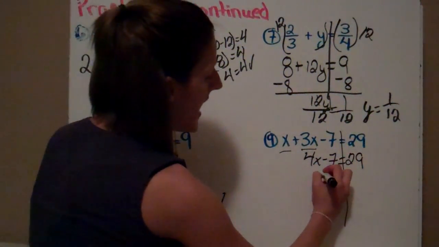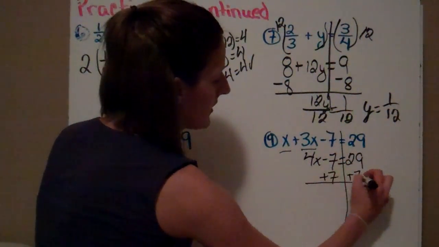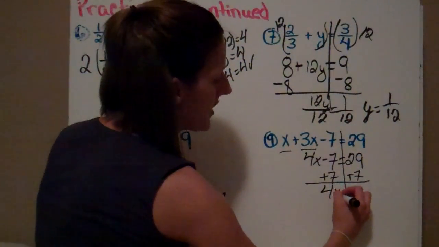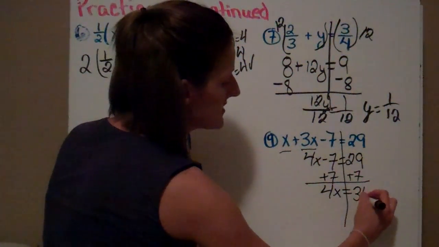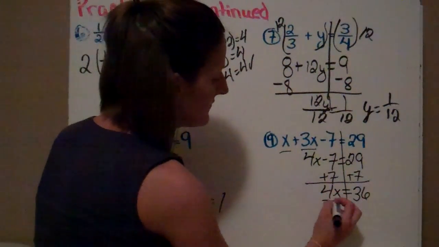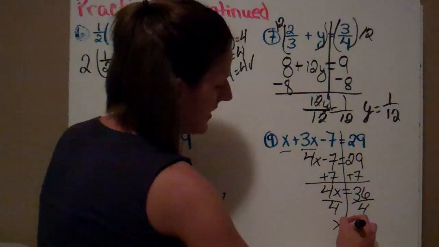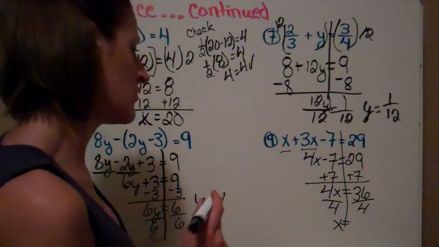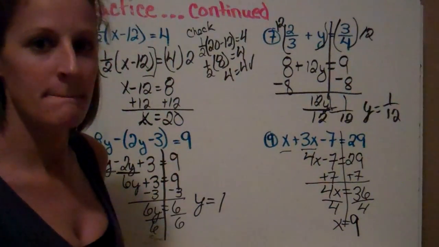Now we need to add 7 to both sides. So I'm left over here with 4x. And 29 plus 7 is 36. Now I need to divide by 4 on both sides, and x is going to equal 9.